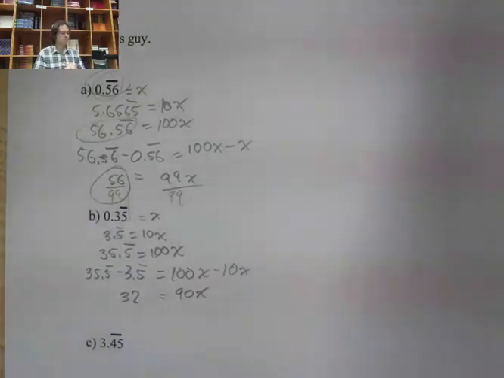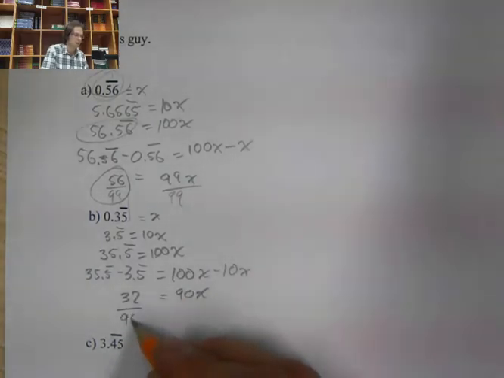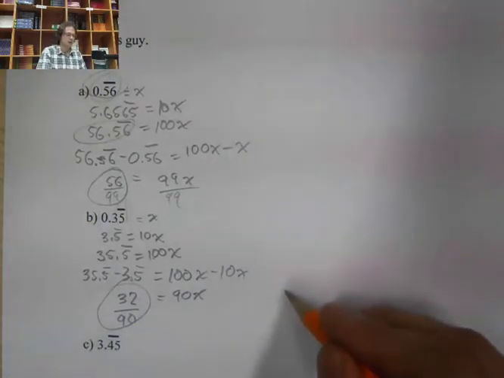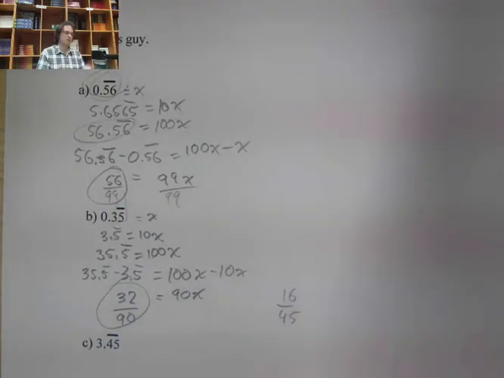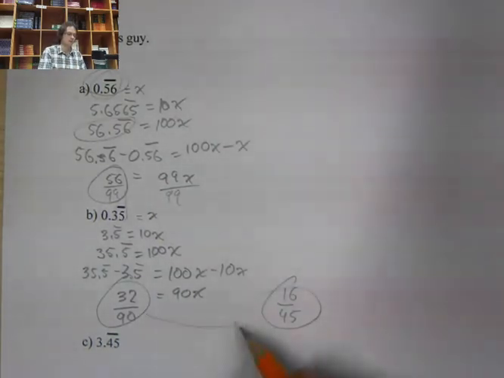So we go 32 over 90 is my answer. And both those can be divided by 2. We could simplify that, so we could get 16 over 45, and that's about it there.